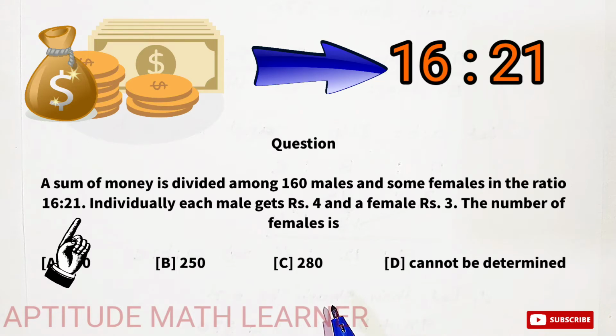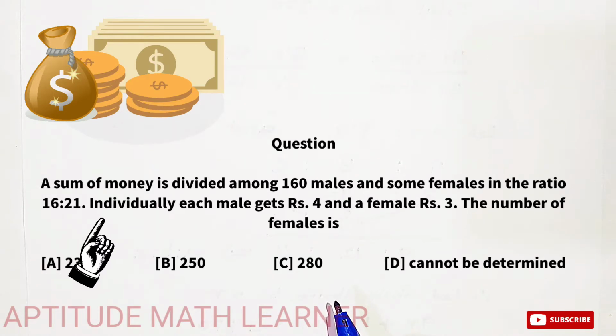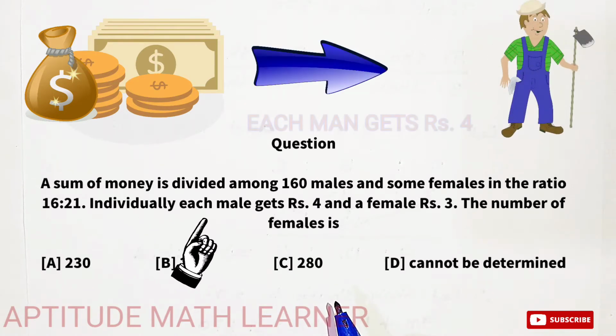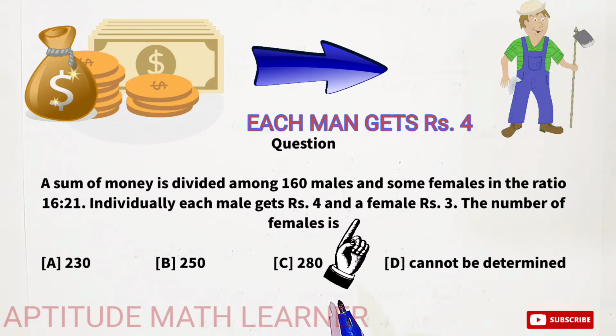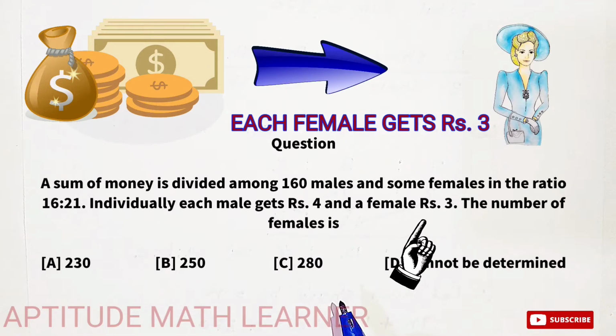So this ratio is the ratio of the sum of the amount. 16 is the ratio of the amount given to males, and 21 is the ratio of the amount given to females. Individually, each male gets ₹4 and each female gets ₹3.